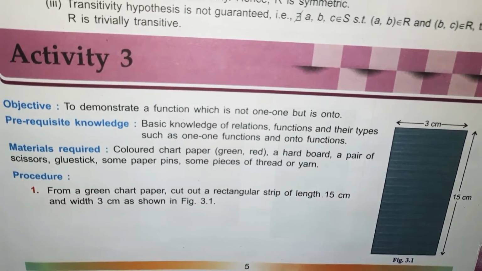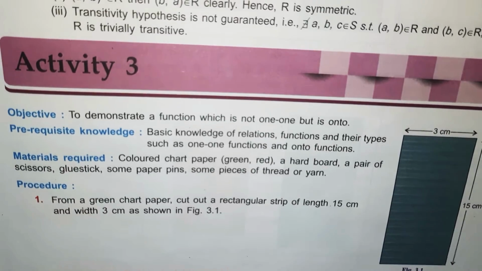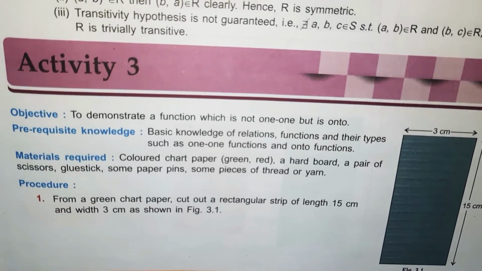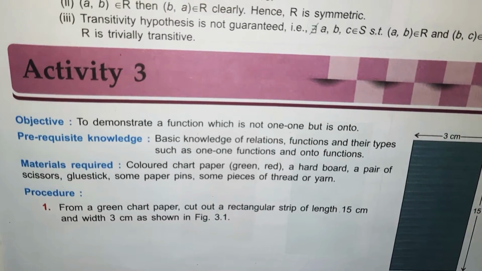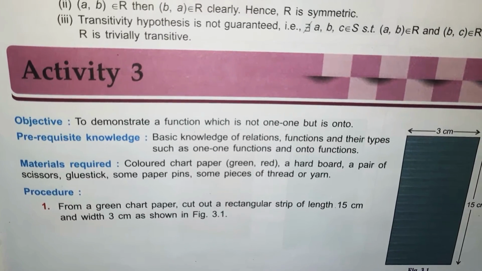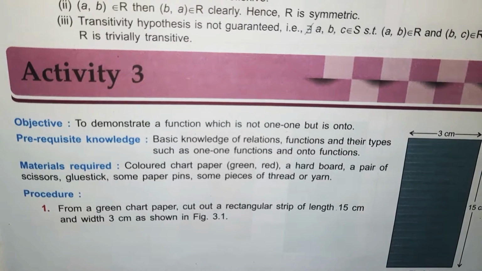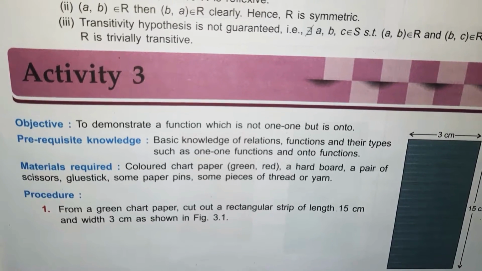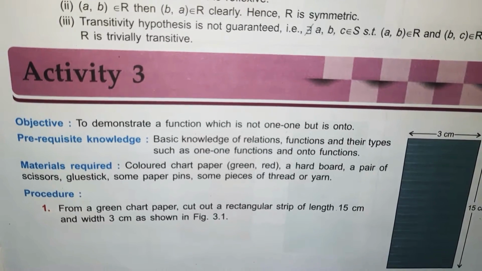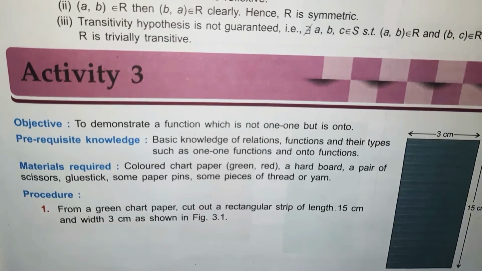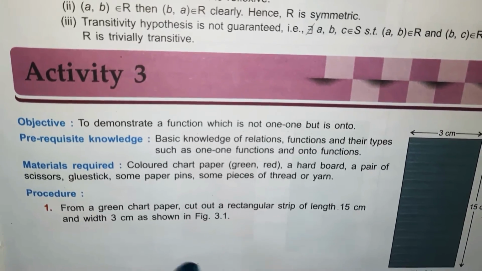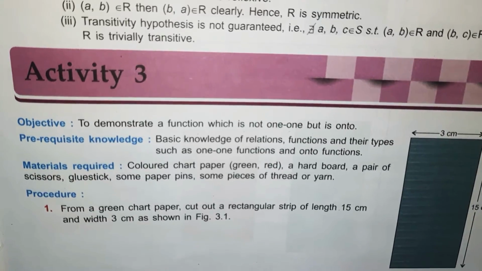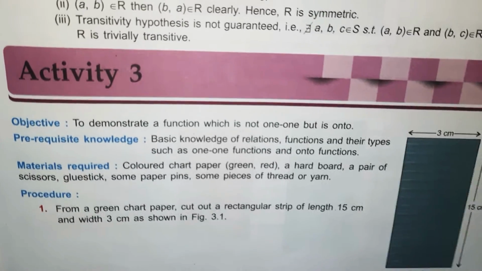Prerequisite knowledge, what is required? We should be aware of the definition of relation, functions, and what the types of functions are. This we have already discussed in exercise 1.1 and 1.2, that is, what do you mean by one-one, many-one, onto functions and everything. Now, material required: colored chart paper. Of course, you can take origami sheets, a hardboard, but in the lab manual, you may write it.